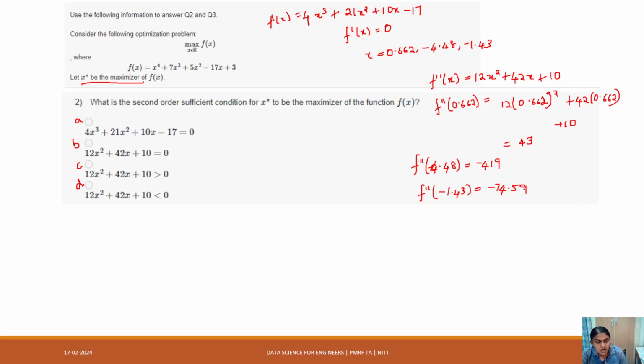So it's asked for the maximizer of f of x, so this one is greater than 0, which will point to the minimization problem. These two are less than 0, so it will point to the maximization problem. Now what you have to see is the second order sufficient condition, right now we have got 12x square plus 42x plus 10.